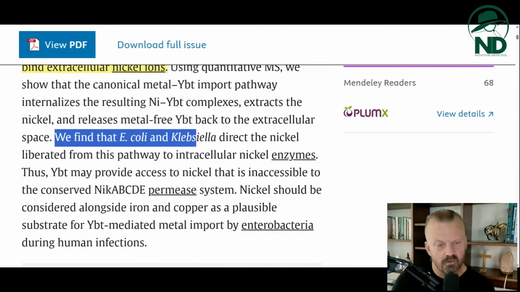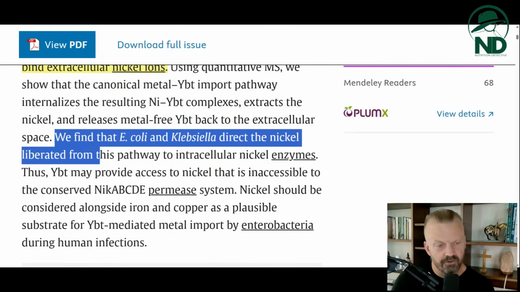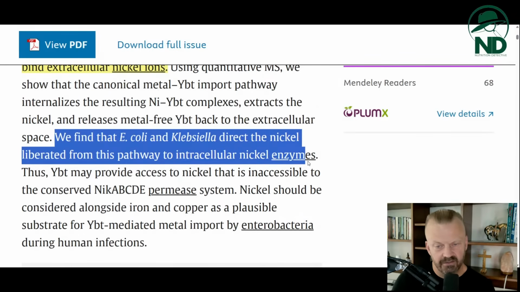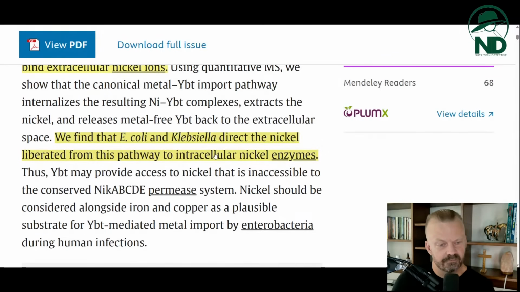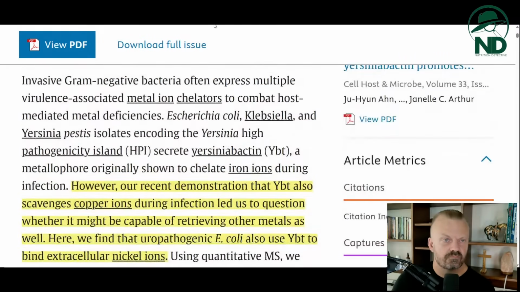We find that E. coli and Klebsiella direct the nickel liberated from this pathway to intracellular nickel enzymes. They use it to function. So, those of you out there with GERD and urinary tract infections, you should know that the fix is here.